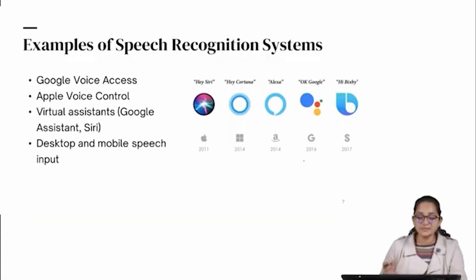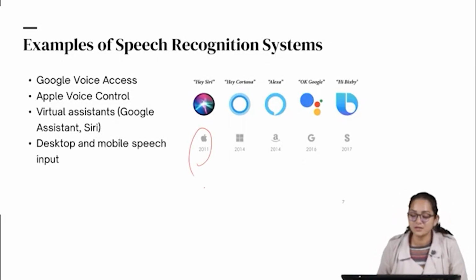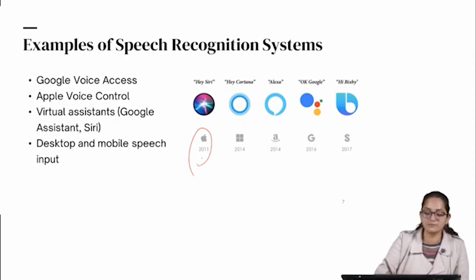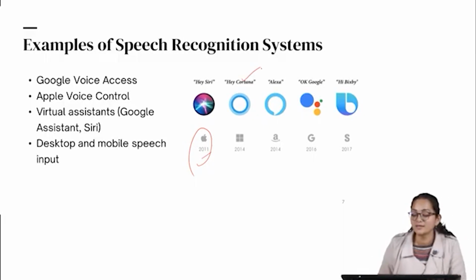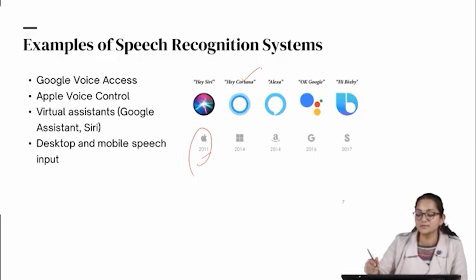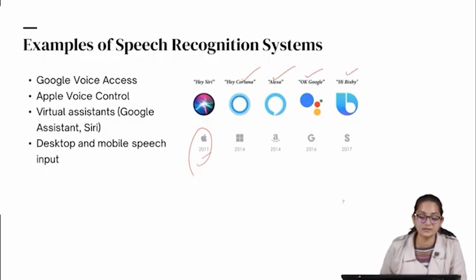So some of the common examples, as I mentioned: hey Siri is developed by Apple, hey Cortana by Windows, and Alexa by Amazon. Okay Google is Google's. Hey Bixby is also there.